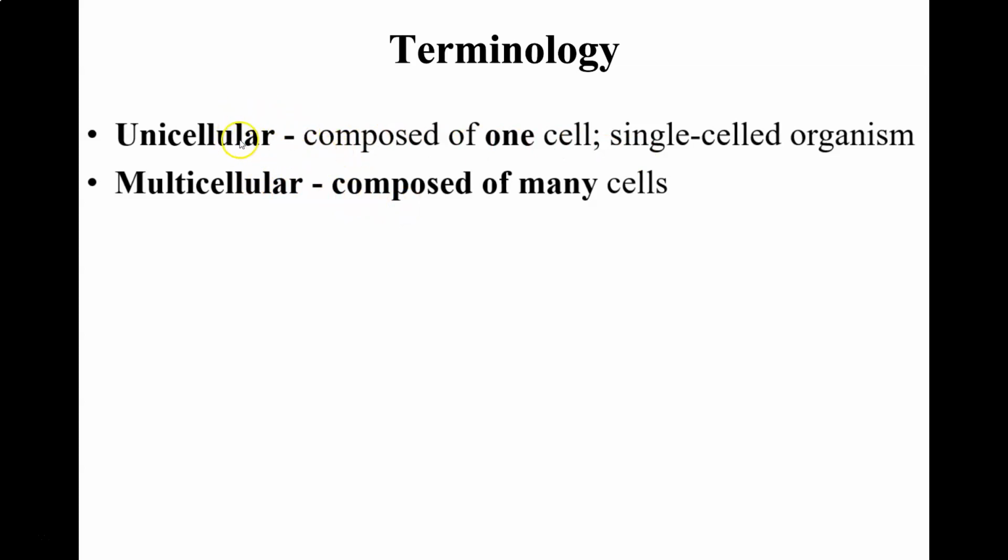Bacteria and archaea are unicellular organisms. Us people, we are composed of many cells, many organs, so we are multicellular. Viruses, on the other hand, are acellular. They are not made of cells. And we're going to cover viruses later on in this first unit.